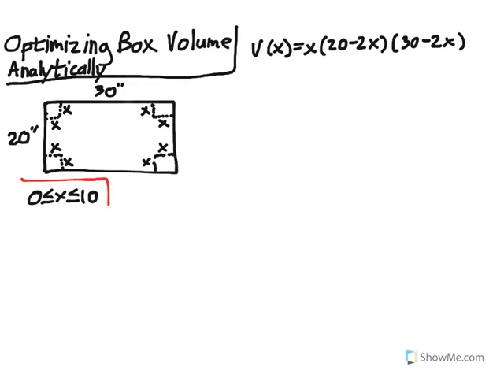He had also derived a realistic domain for that function, with x between 0 and 10. And he had also tested the endpoints, in other words V of 0, and found that to be 0, and V of 10 is also 0.